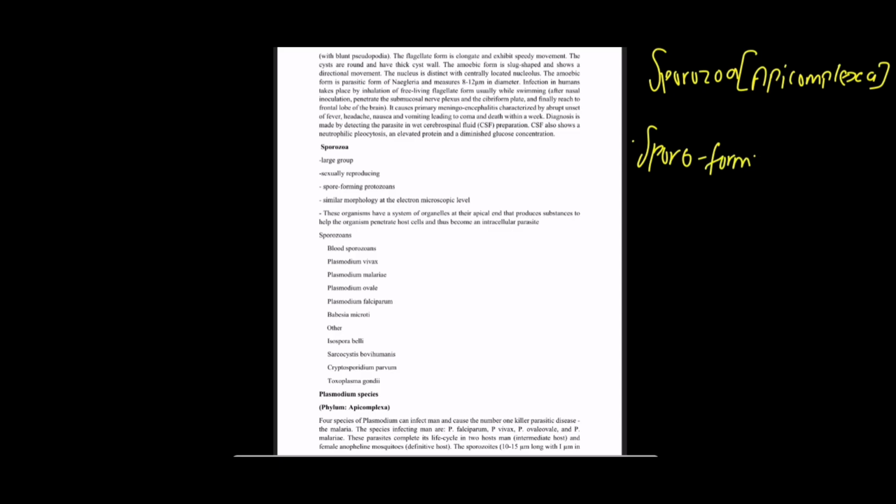They are spore forming protozoa, from the word sporozoa, and they have an organelle that can penetrate the host cell, and thus they become intracellular parasites. That is, they live inside the body of the host. They are endoparasites because they have an organelle capable of penetrating the cell of the host, and therefore they live inside the host.